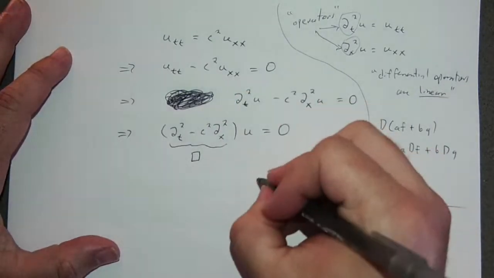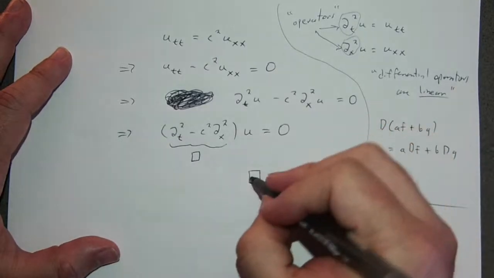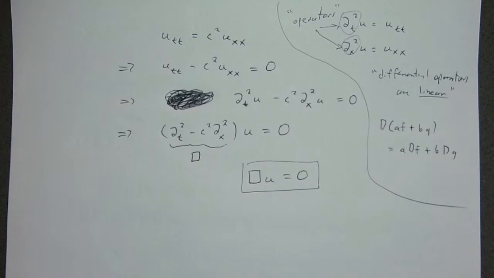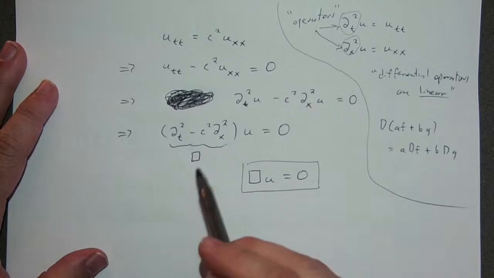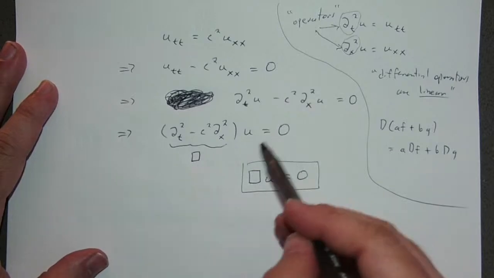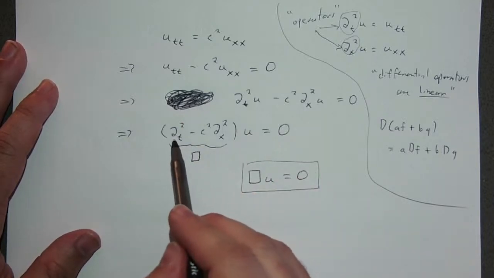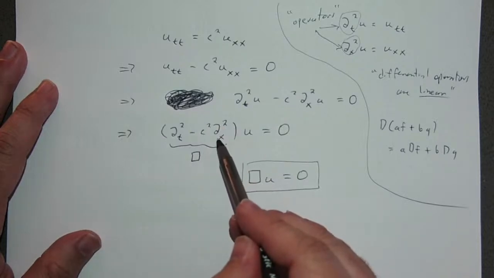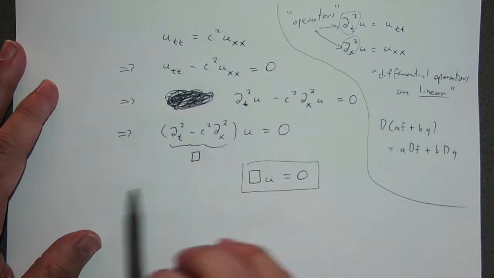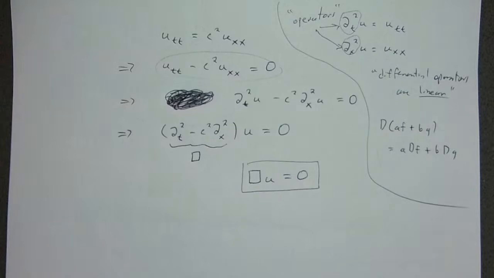So I've rewritten this as an equation, box u is equal to 0. So what does this operator box do? It takes u, an unknown function, and differentiates it. It takes its partial derivative twice with respect to t, and subtracts from that c squared times its double x partial, which is exactly what this equation is. So that's what my operator box is.